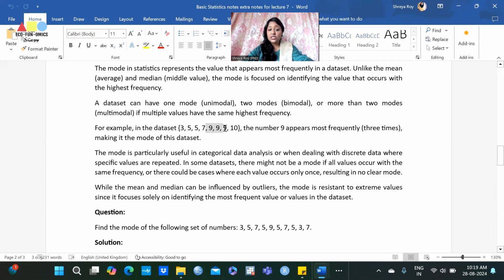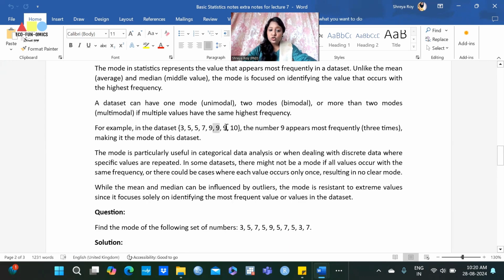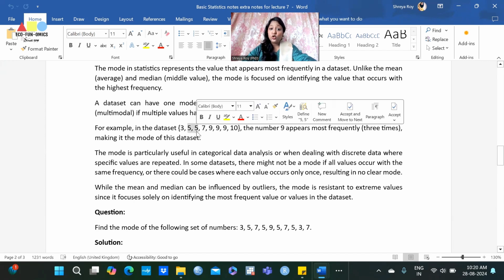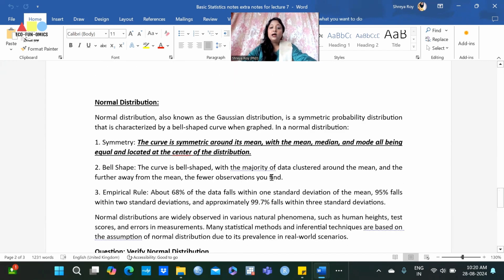So here my mode is 9. You can have multi-mode. It might be possible that 9 has been repeated 3 times and 5, let's say for assumption, has also been repeated 3 times. So your multiple modes are 9 and 5. Always keep that in mind.